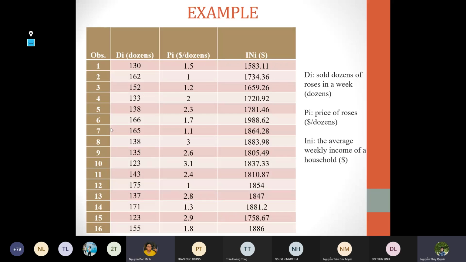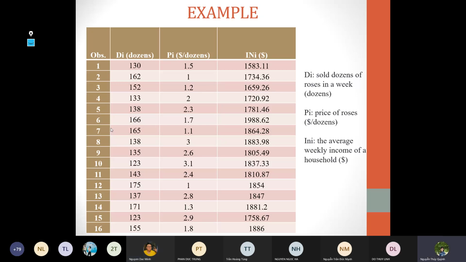Remember that D_i is the dozens of roses sold in a week at a shop, and IN_i is the average weekly income of a household in the area where the shop is located. More specifically, I think D_i will be the dependent variable, while P_i and IN_i will be the independent variables.